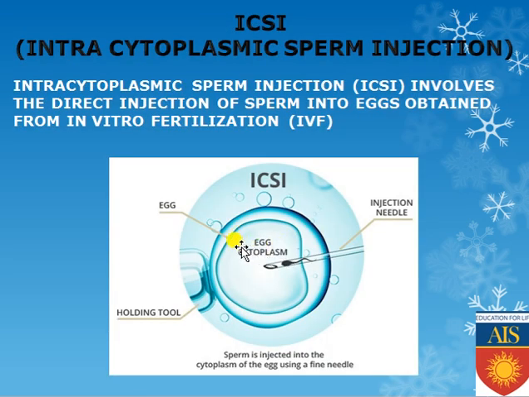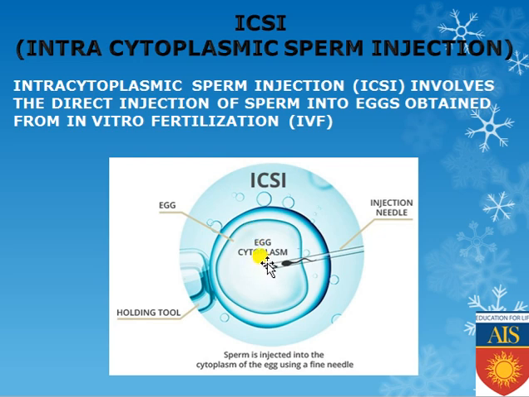The next type of assisted reproductive technology is ICSI, that is intracytoplasmic sperm injection. This is the method where the sperm, or rather the sperm nucleus, will be introduced directly within the cytoplasm of the egg. Here, if the sperm does not have motility, then artificially the sperm nucleus, or the entire sperm, will be introduced within the egg cytoplasm.